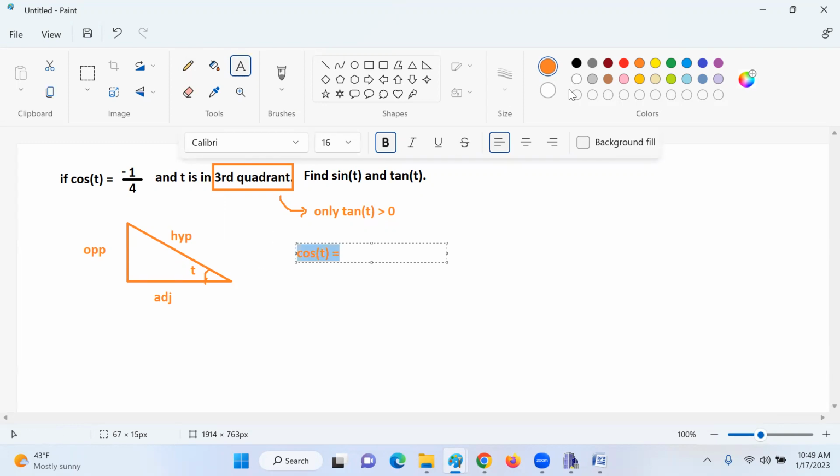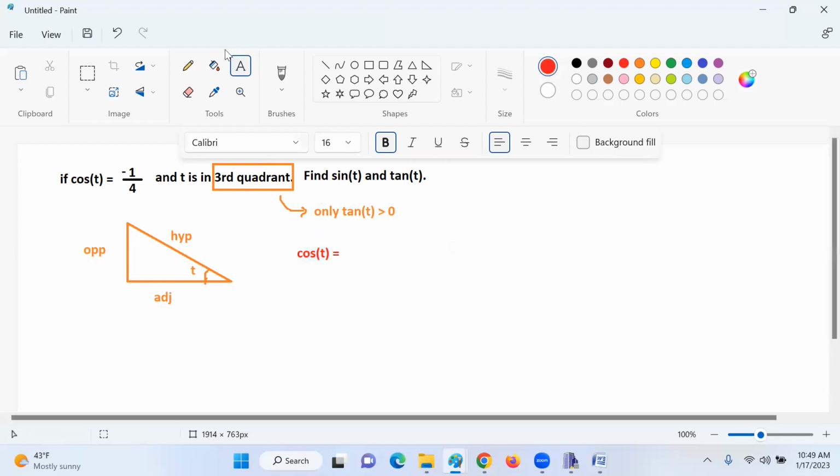Remember that when we analyze the trigonometry on a triangle, we make sure that all the side lengths are positive. So even if the question gives you -1/4, we have to rewrite that as +1/4.